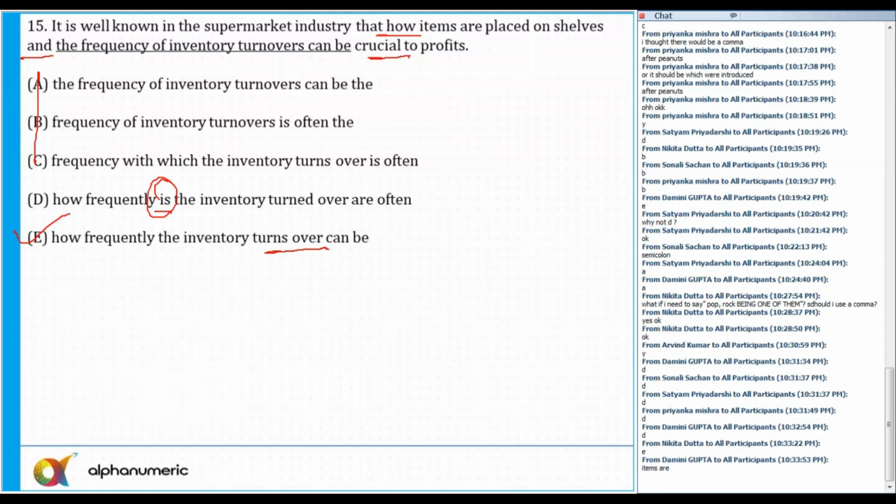What will be the meaning of this? It is well known in the supermarket industry that how items are placed on shelves and how frequently is the inventory turned over are often crucial to profits.